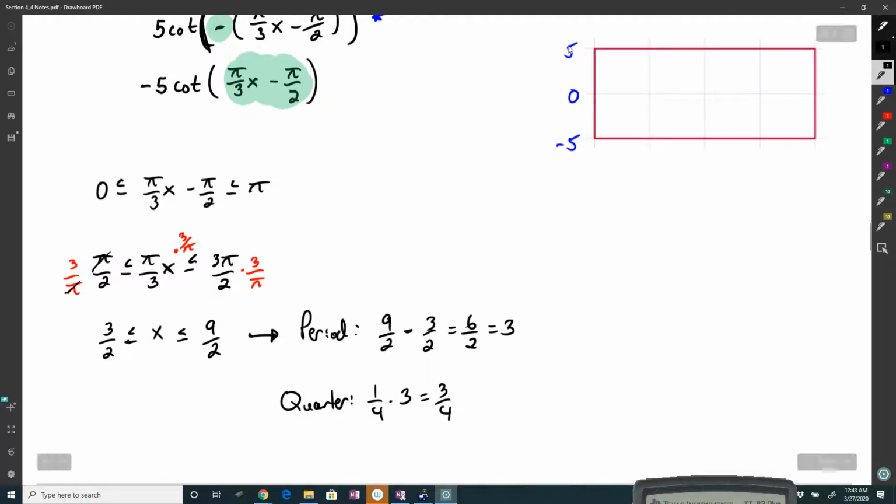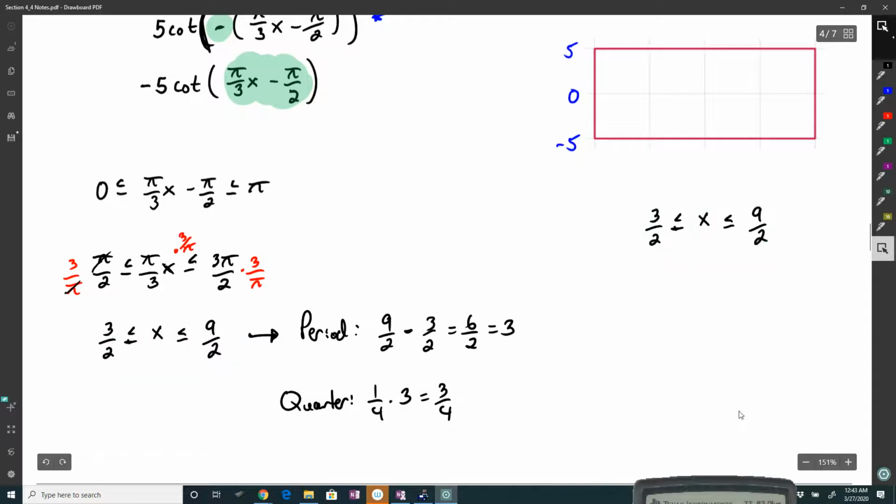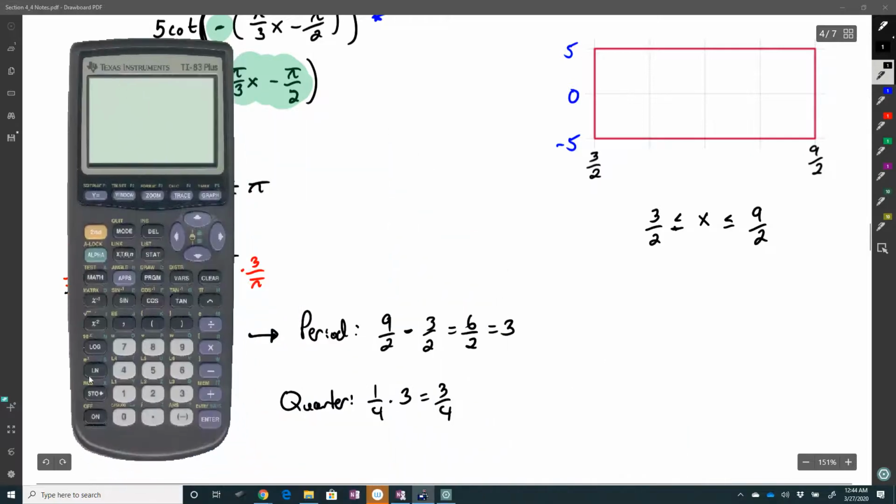So this guy right here, which I'm going to see if I can copy paste. This tells me that it's 3 halves, 9 halves, and then each quarter is 3/4. So if you want, you can get your calculator, and we can figure out what each tick mark is going to be.